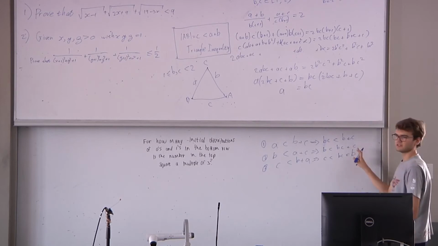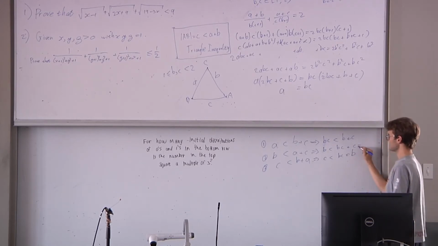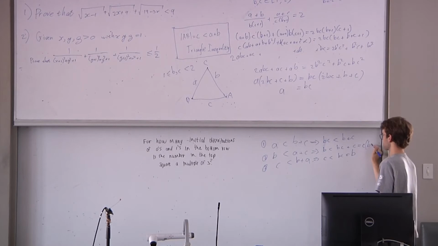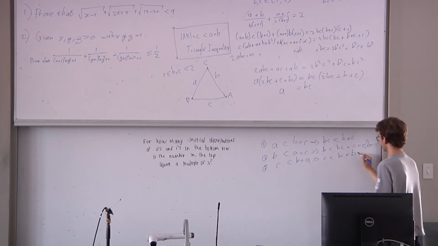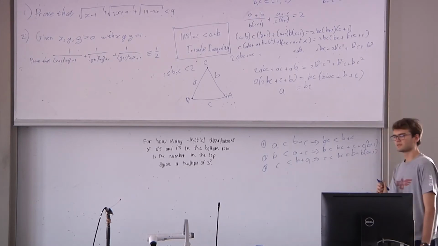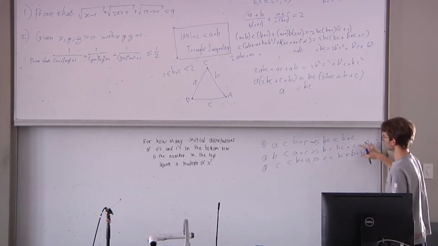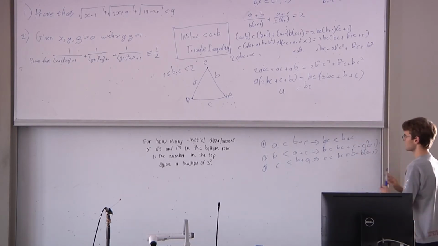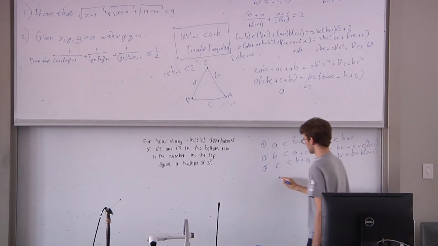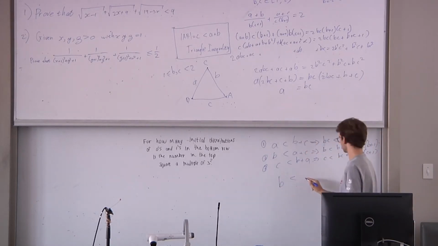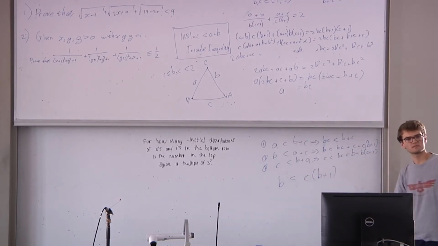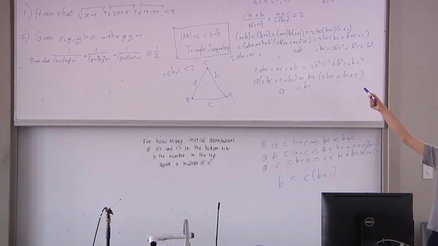Because here again you factorize it and you notice that BC plus C is just C times B plus 1. And here, this is B times C plus 1. So for these 2, we'll do that one separately. So you need to show that B is less than C times B plus 1 for all B and C that you choose in that interval.